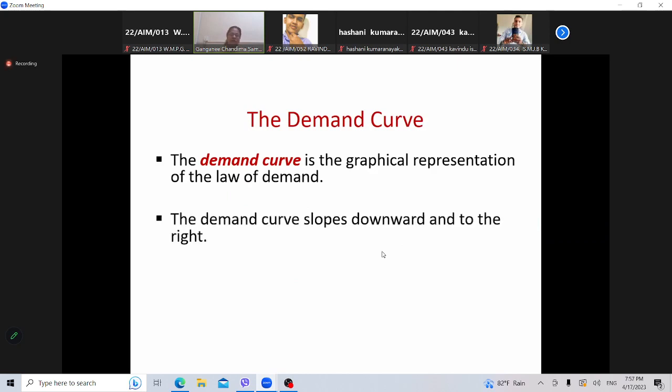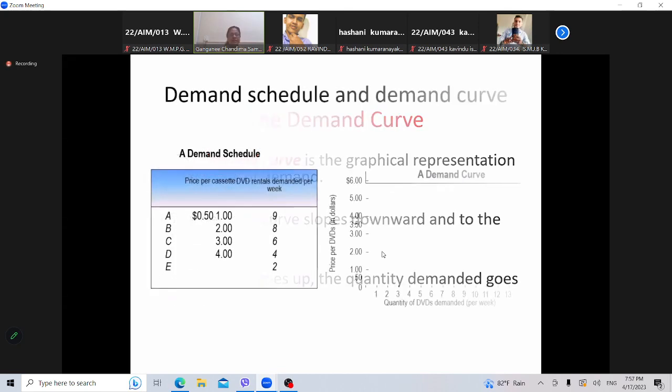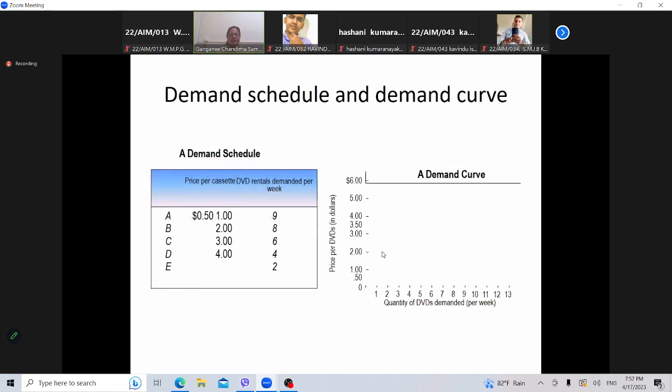The demand curve slopes downward and to the right. You may have seen the graph. When the price goes up, the quantity demanded goes down. By seeing the demand curve, you can write this down.